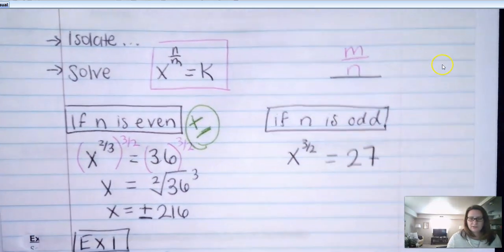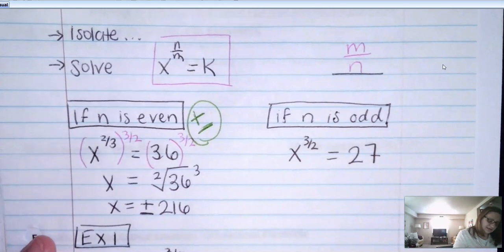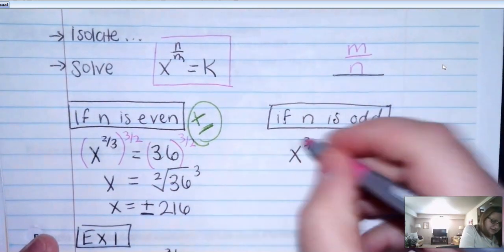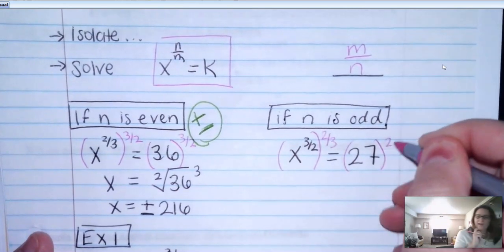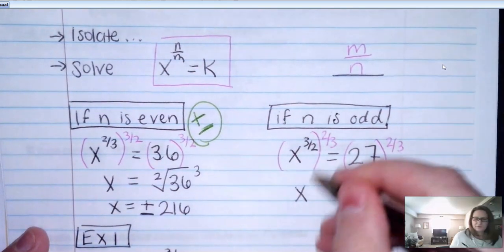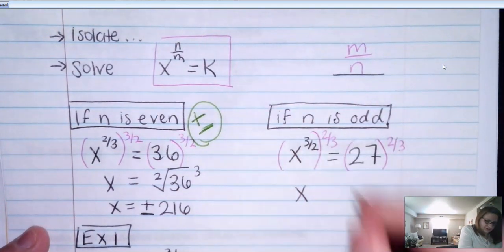Now if the numerator is odd, like it is here, what we're going to end up doing on the second question I have, my example, x to the 3 over 2 equals 27. Here I'm going to take both sides to the 2/3 power. Over here on the left side, I'm just going to, again, end up with x. If I multiply those exponents, it would give me 1, so it would just leave me with x to the first, or x.